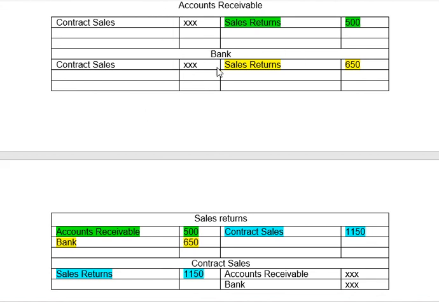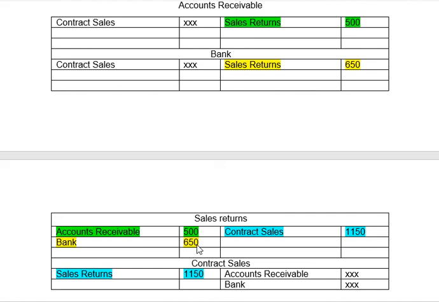So money out of bank, the refund was worth 650. Credit bank, debit sales returns. So there is the return for the cash sale that you've made. So if we look at the sales returns account, credit sales were returned to the value of 500. Cash sales were refunded to the value of 650.